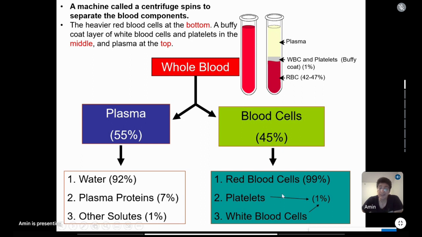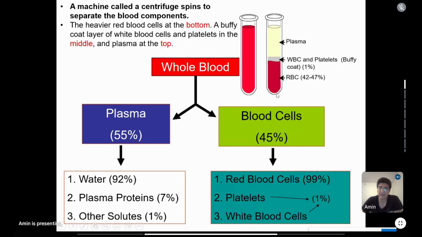For blood cells, red blood cells are about 99%, and platelets and white blood cells as a buffy coat about 1%. In the middle part is the buffy coat, red blood cells in the bottom part, and plasma in the top part.